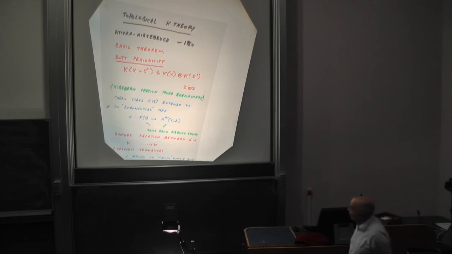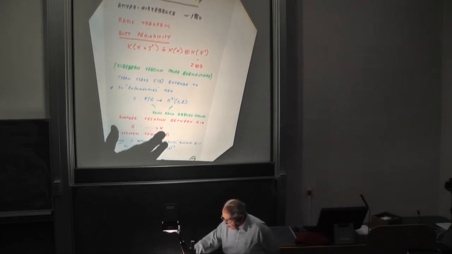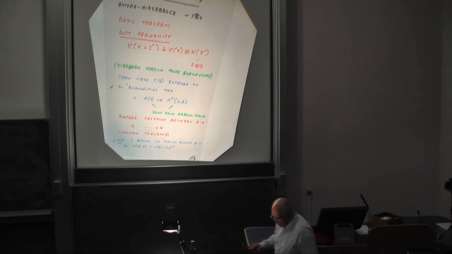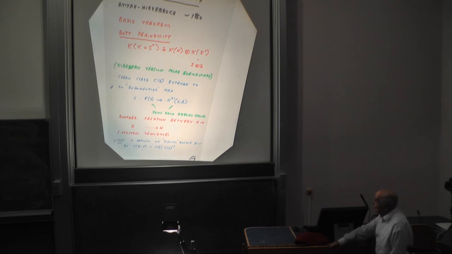Now, the Chern class, in general, extends to an exponential map from the K-theory into the even cohomology. You can define the Chern class not only for a vector bundle, but also for what you might call a virtual vector bundle. Down the bottom, I've written that out.